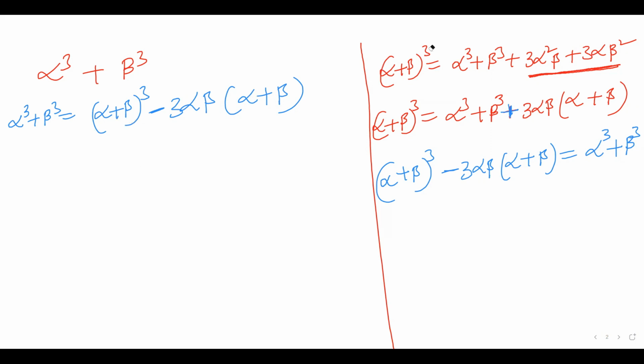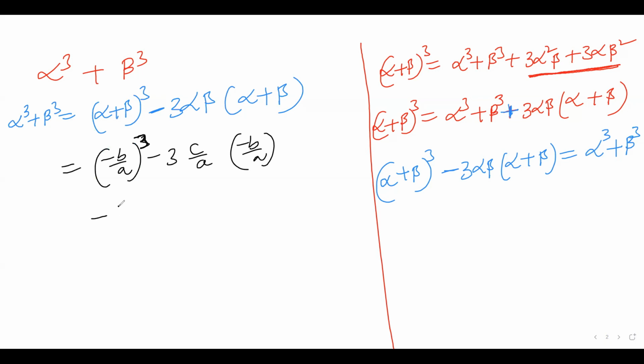Let us substitute sum of the zeros minus b by a, product of zeros c by a, and sum of zeros minus b by a. When you cube, minus will not disappear, minus will remain.